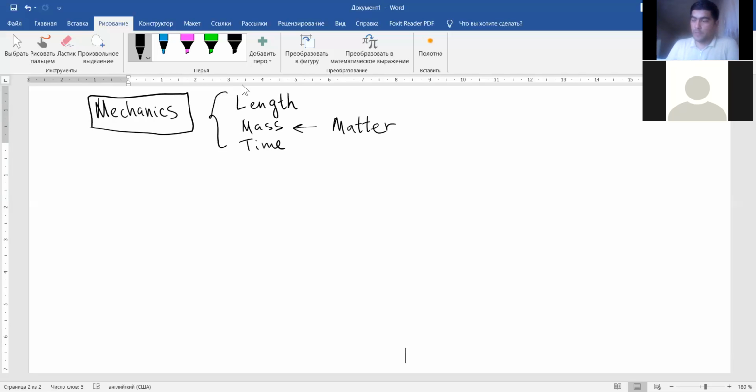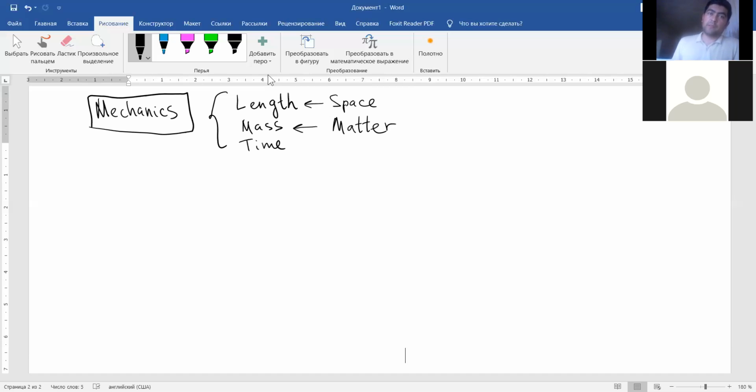In order for this matter to exist, we need a place where this matter is held. So we need space. Every matter is located in space. We have three-dimensional space, the place where all matter is located, situated.